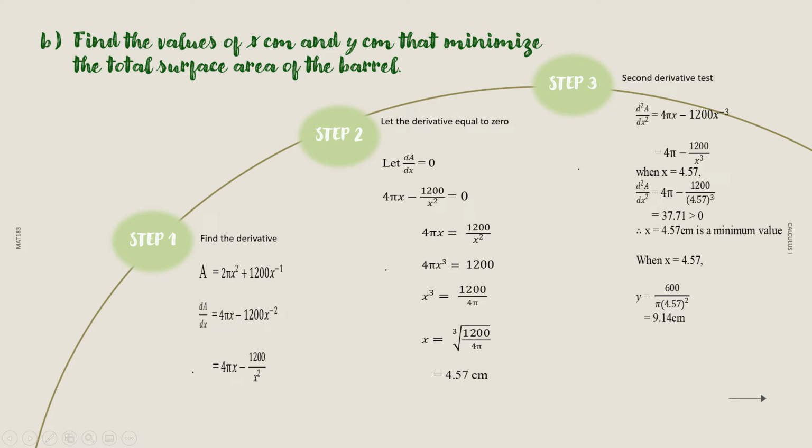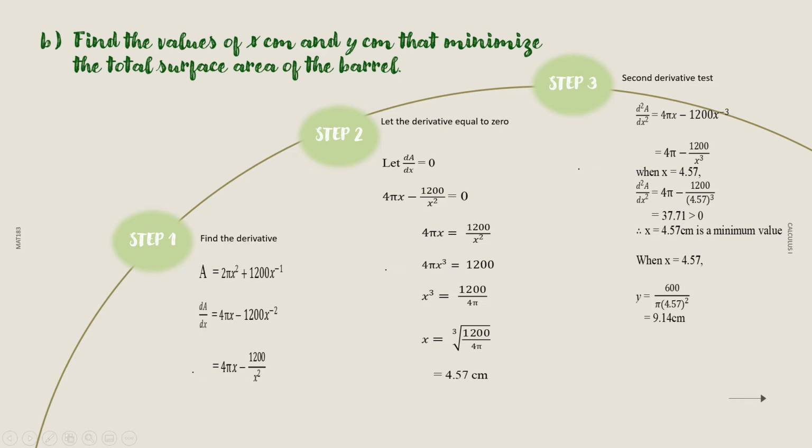Next, we are going to find the value of x and y that minimize the total surface area of the barrel. For the first step, we find the derivative of the area. We know that the area is 2 pi x squared plus 1200 x to the power of negative 1. Then we differentiate, and it will be 4 pi x minus 1200 over x squared.